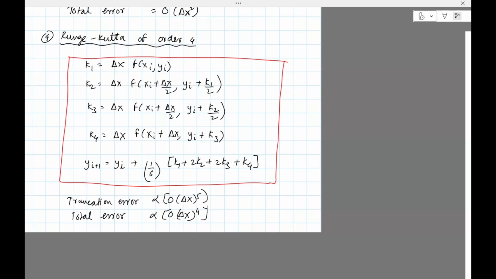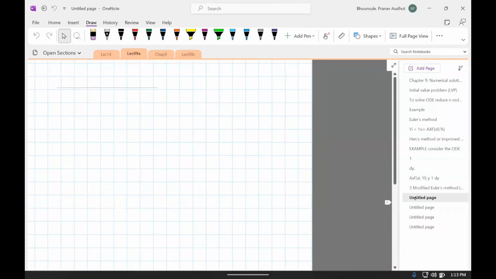Okay, let's put this into practice. Let's solve the same problem we solved earlier, but use these methods and compare them with what we had previously. Example: consider the ODE dy/dx equals f(x, y) equals minus 3y.